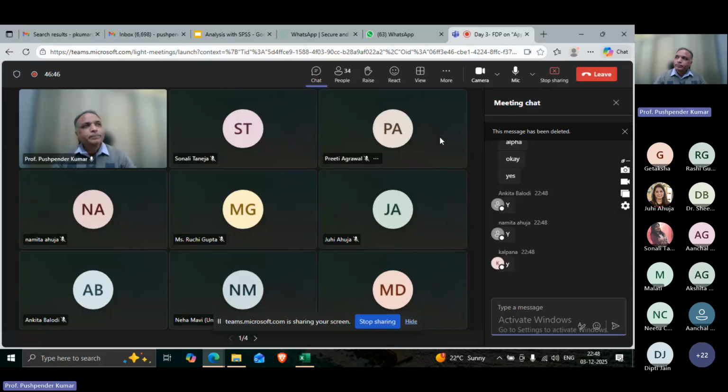What happens actually? Our x bar is 10, mu is 12, x bar minus mu divided by standard deviation. This is the approach.